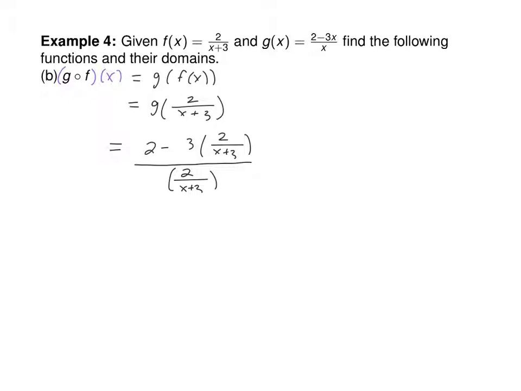There are actually multiple ways to deal with it, but I'll show you the one that I think is the best. So first, does it make sense if I say 2 minus 6 over x plus 3, divided by 2 over x plus 3? Just multiplying that 3 in front of that second fraction, which really is 3 over 1.